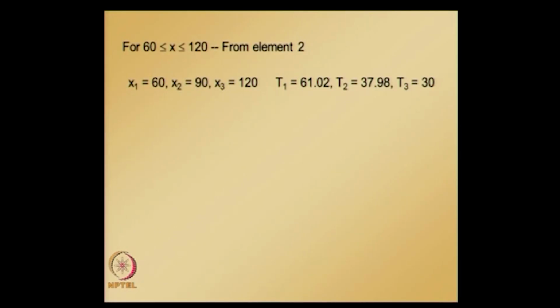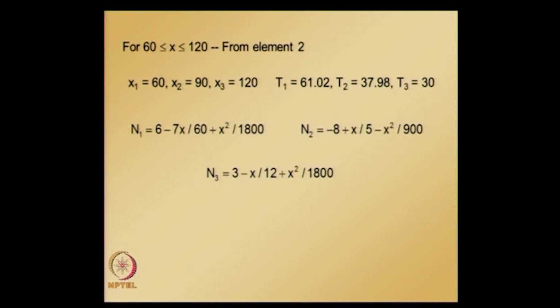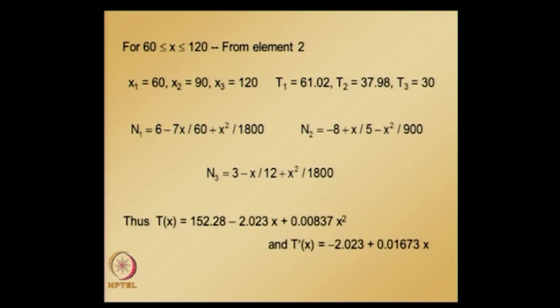T1 corresponds to T3, T2 corresponds to T4, T3 corresponds to T5 in the global sense. So, once we have this, we can interpolate using N1, N2, N3 calculated based on the nodal coordinates for this element. So, plugging in these values, we can interpolate temperature at any point inside element 2 and also derivative of temperature at any point inside element 2. Once we have these relations, we can plot temperature as function of x and derivative of temperature as function of x.